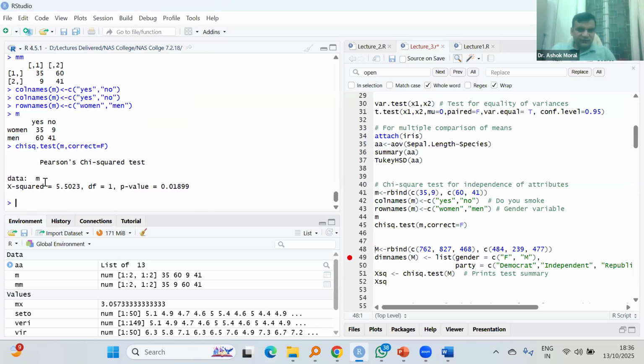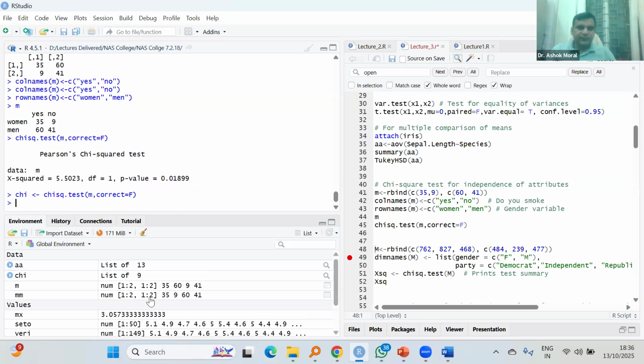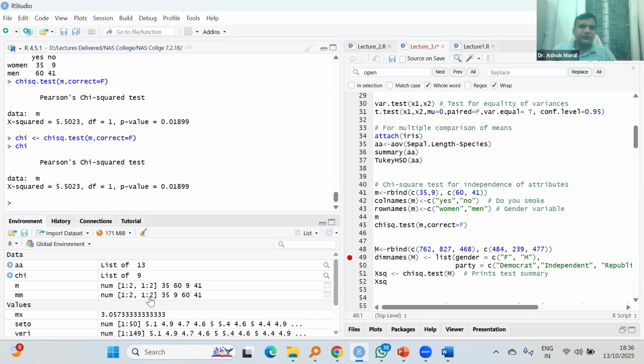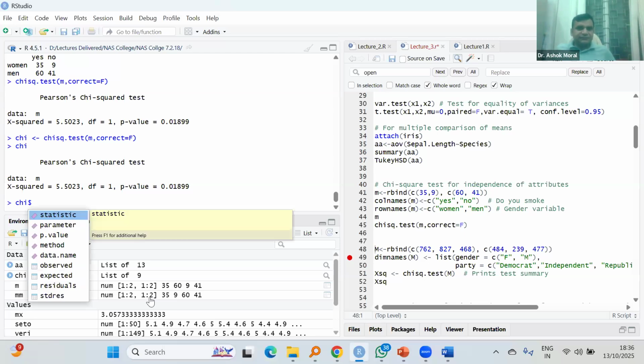And suppose you can store the output of chisq.test in chi. Now if you put the dollar after chi, then whatever you want to calculate, you can extract.